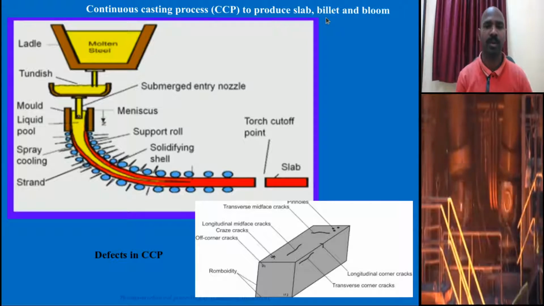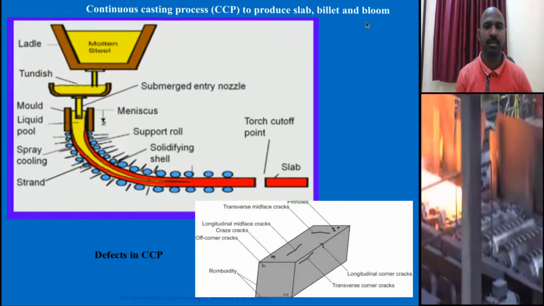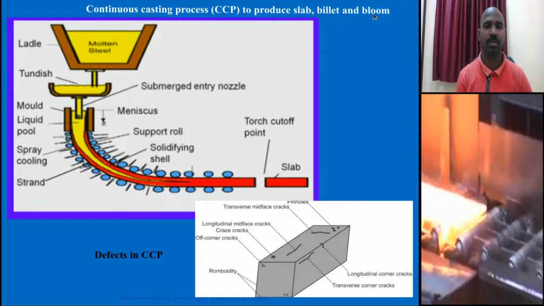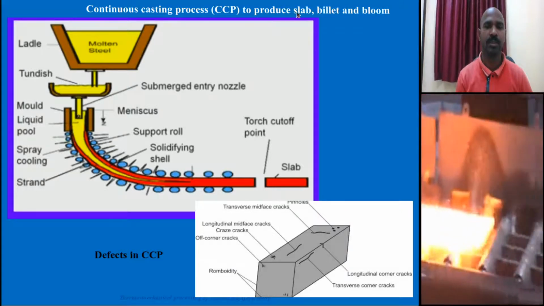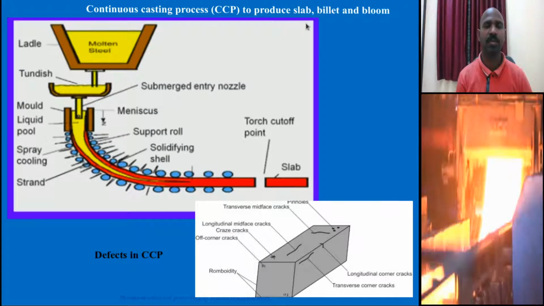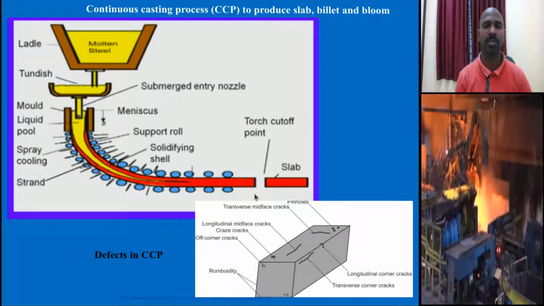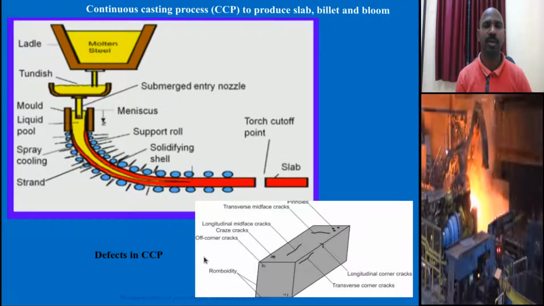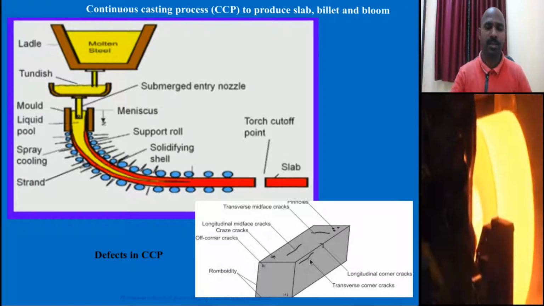Billet dimensions are a square cross section. Bloom is a rectangular cross section. Slab is a sheet form of cross section, if a lower thickness is produced. Even then, in the continuous casting process, a few defects come out, such as cracks.